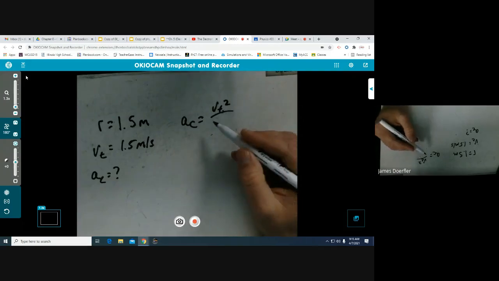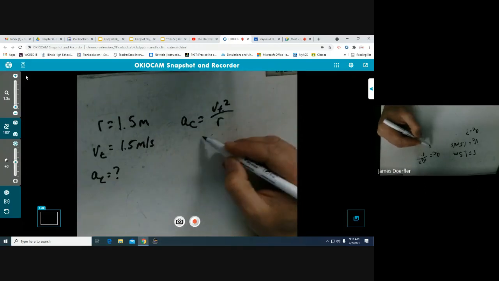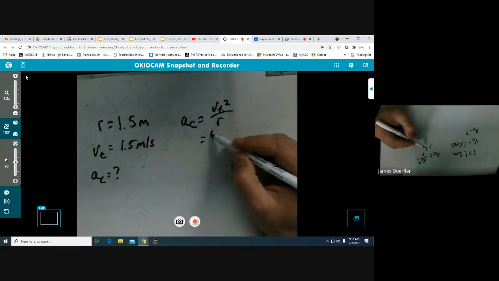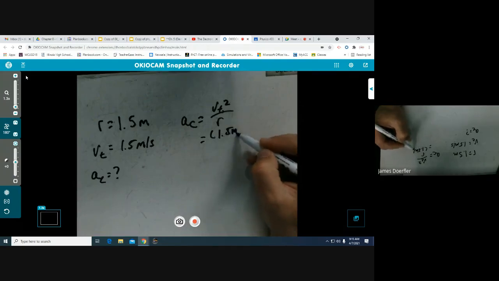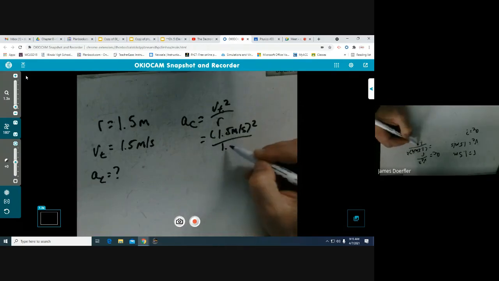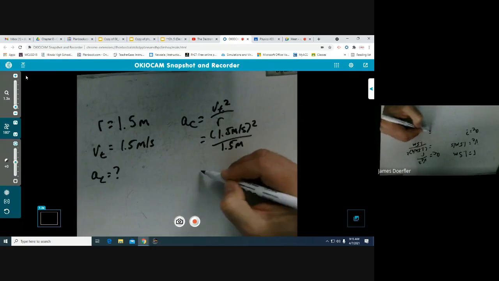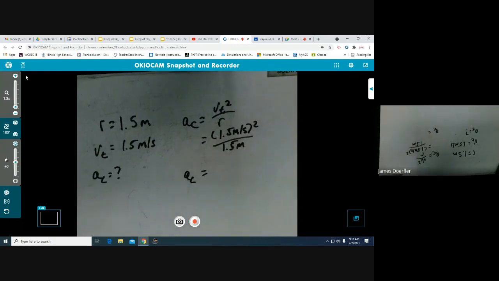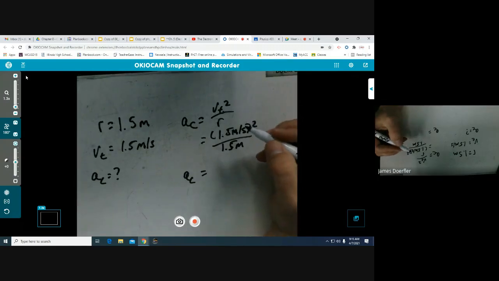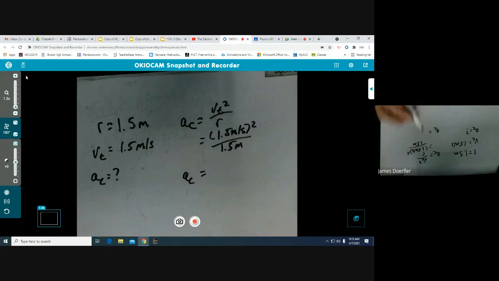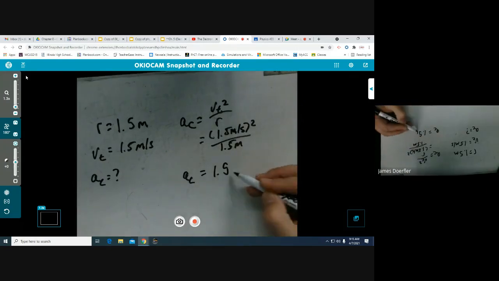AC is equal to VT squared over R. So we get 1.5 meters per second squared divided by 1.5 meters. What is my centripetal acceleration here? There you go. 1.5 meters per second squared.